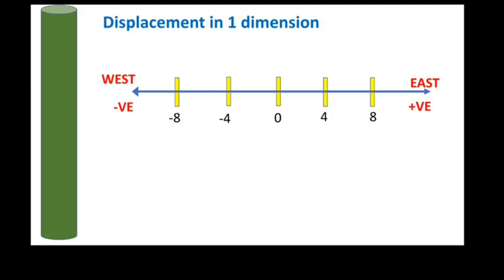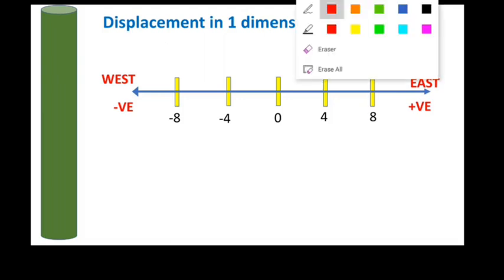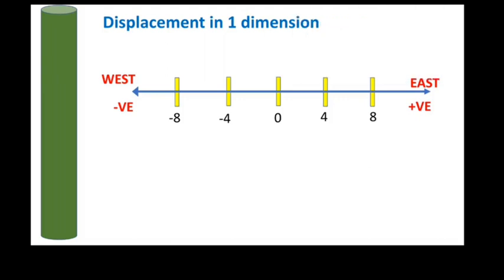So in the case of movement along the x, it's easier to make the east positive and then you make the west negative. Okay, so you'd say movement in the eastern direction is positive, movement in the western direction is negative. That will help a lot.